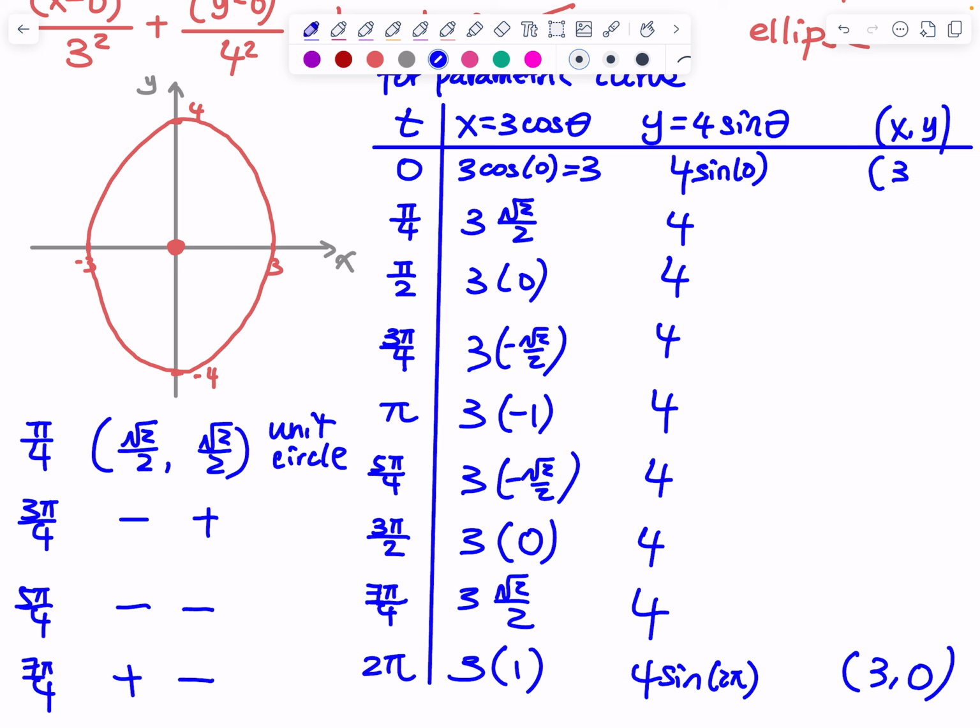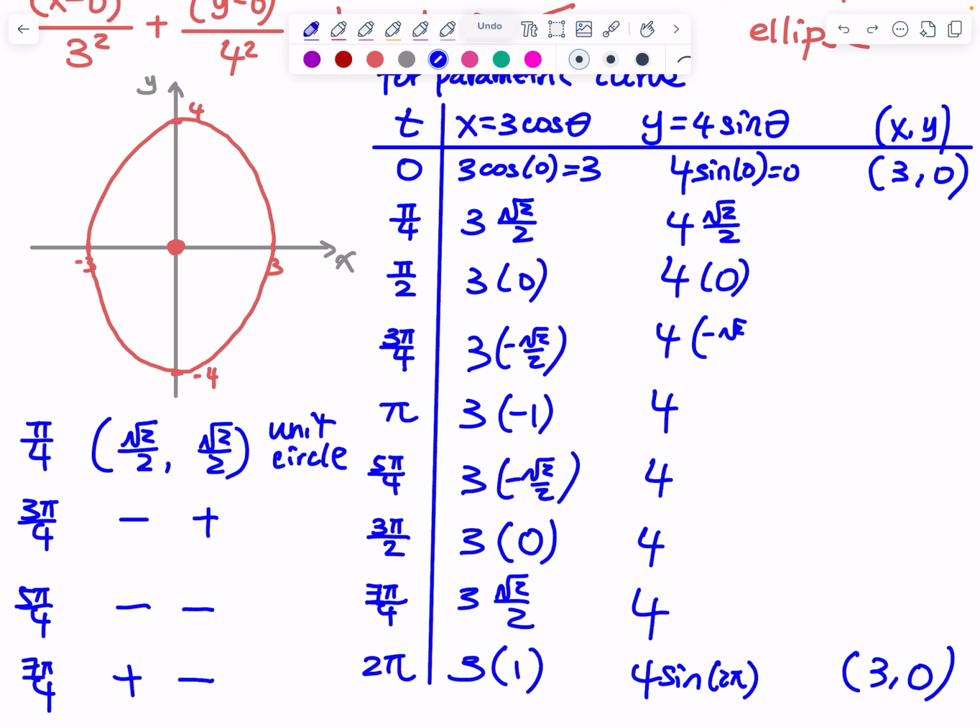And then 4 times sine of 0. Sine of 0 is equals to 0. 4 times 0, that is a 0. So this one starts at 3 comma 0, and then we also end at 3 comma 0. Okay. And then pi over 4, I have root 2 over 2. Pi over 2, hold on.